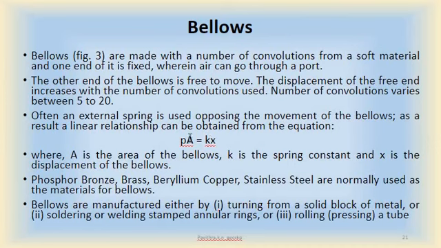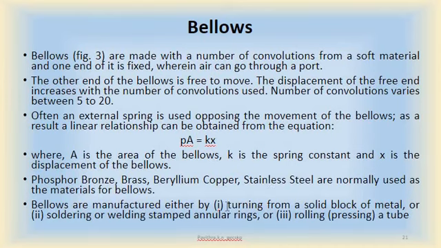Here A is the area of the bellow, K is the spring constant, and X is the displacement which is produced as the output of the applied pressure. P is the pressure. And the materials which we usually use to build the bellows are phosphor bronze, brass, beryllium, copper, stainless steel and so on.